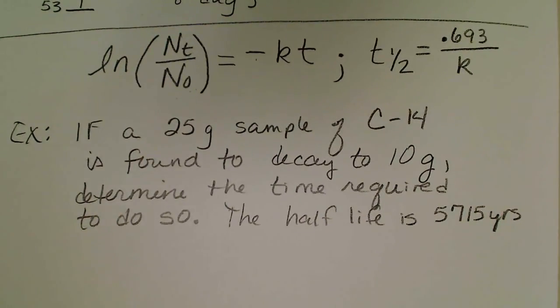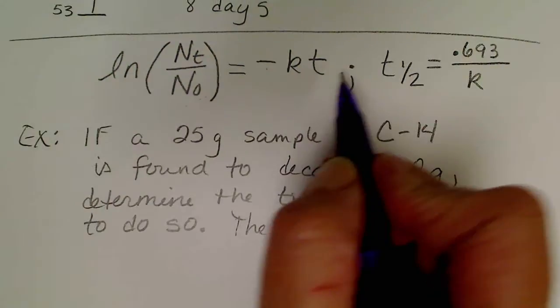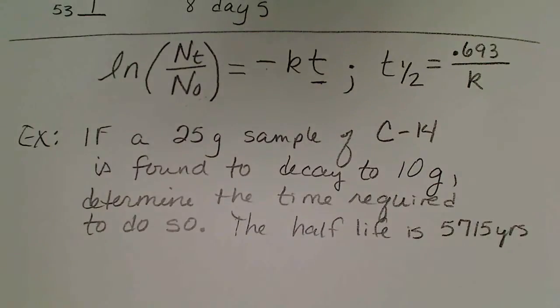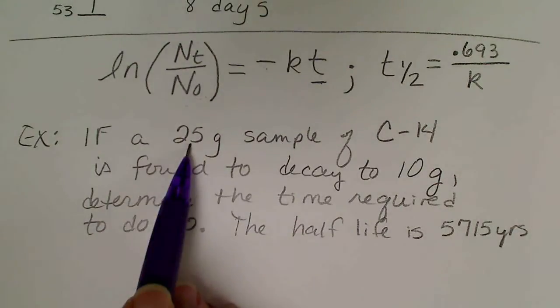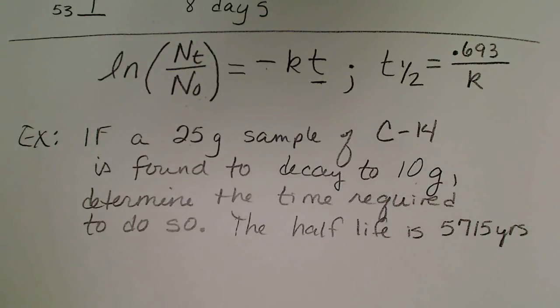So if we look at the information we're given, we are being asked to solve for time. So how much time does it take for that sample to decay so that there are only 10 grams remaining?